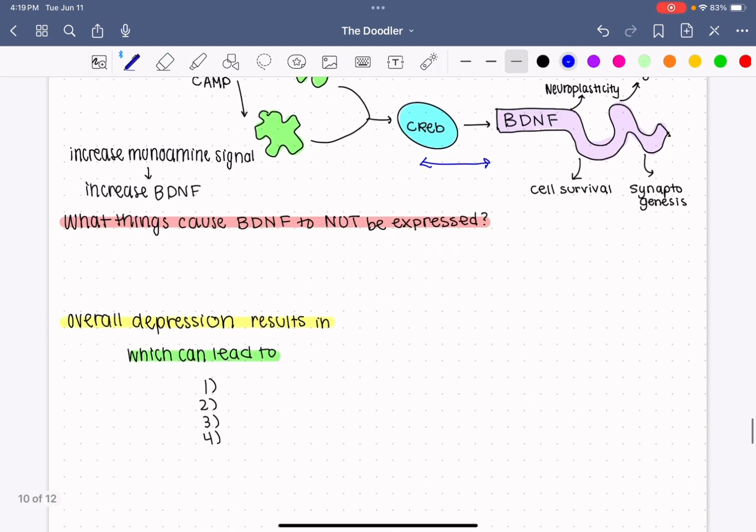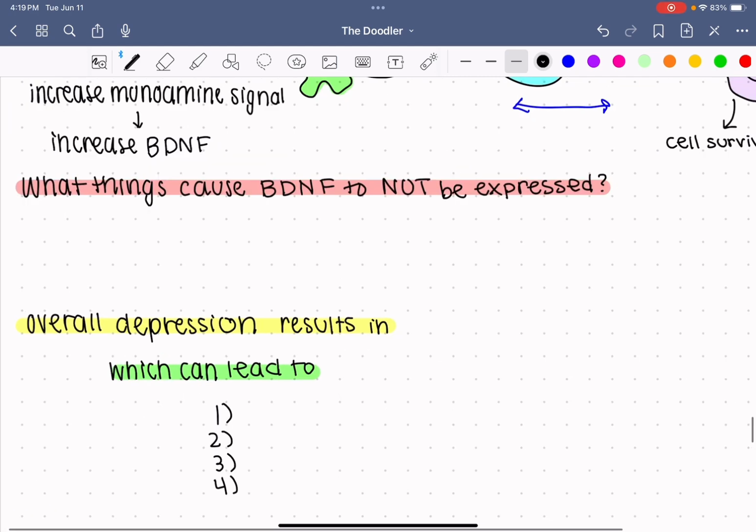So I just mentioned these. So what things cause BDNF not to be expressed? So we said, lack of sleep, chronic inflammation.